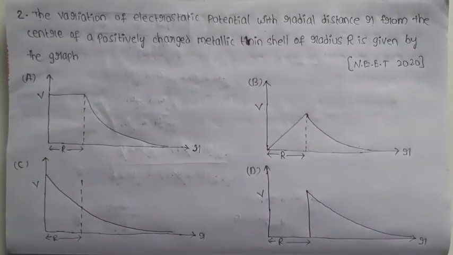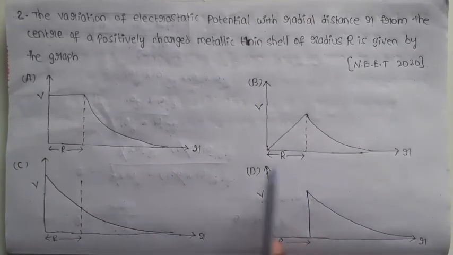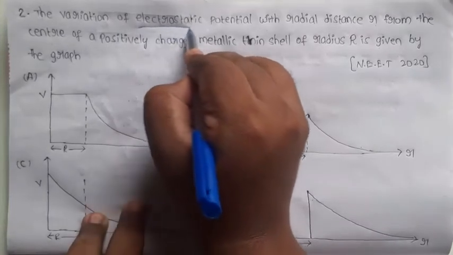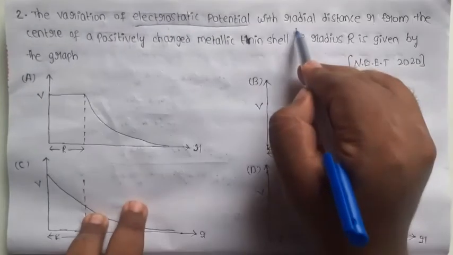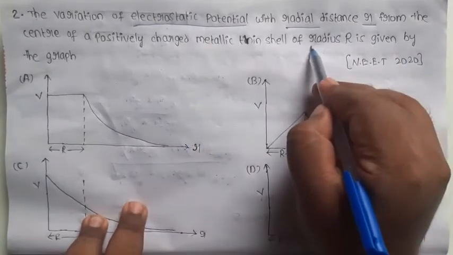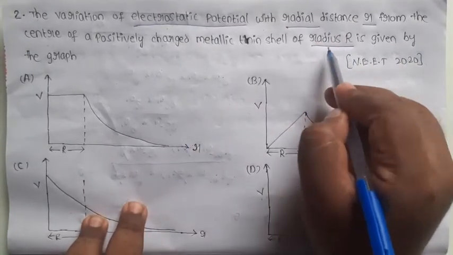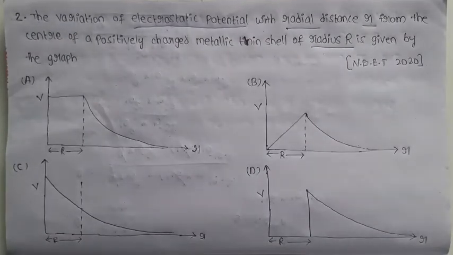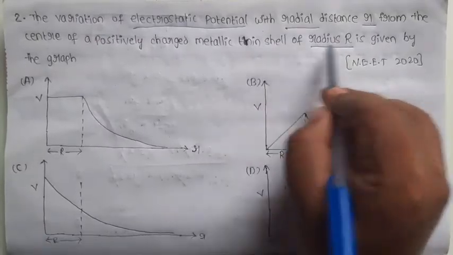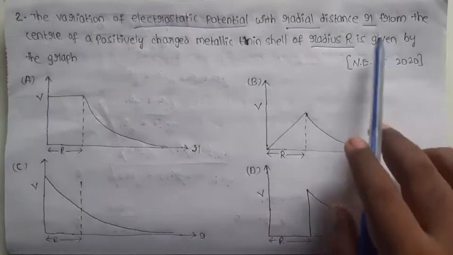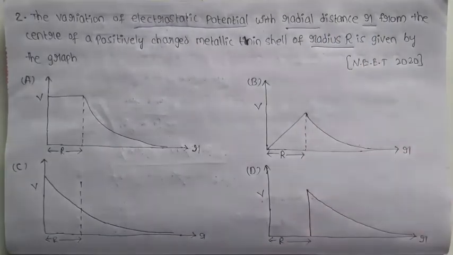Here graphs are given, option A, option B, option C, option D. So a relation between electrostatic potential and radial distance small r and radius capital R. Capital R is the distance from center to surface of the thin shell. Small r is the distance from center to Gaussian surface.